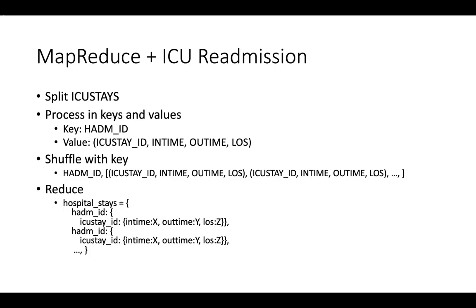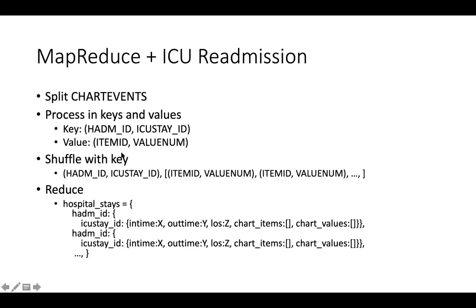So the reduce function actually comes with a sort function. You can do a lot of stuff in reduce. As I said, you can sort, merge, filter, group. But here we need to sort based on the in time value in order to make the labels.